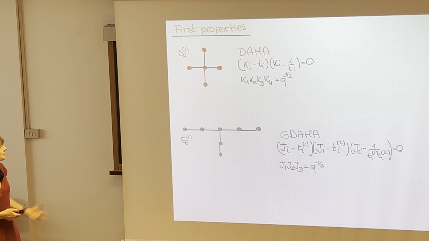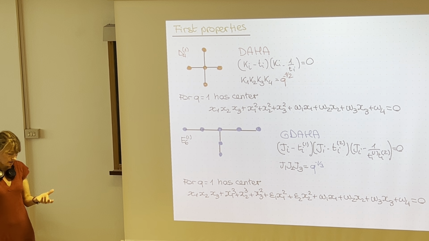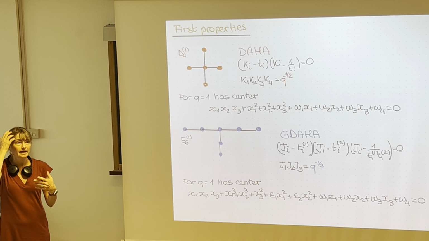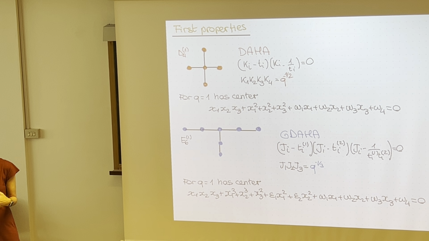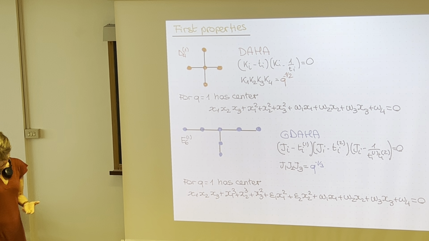But there is something even more interesting: you can study the limit as Q goes to 1 of these algebras. When Q goes to 1, you find that they have a center, which means a set of elements which commute with everything, okay? This center is actually described by some curve, so an algebraic variety, like what I wrote here.